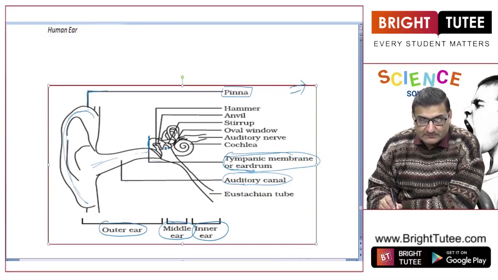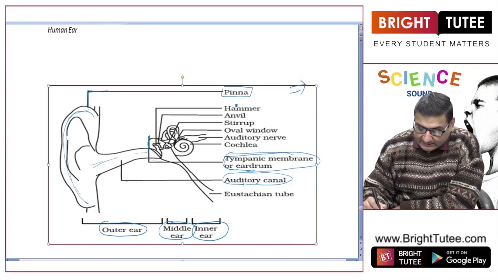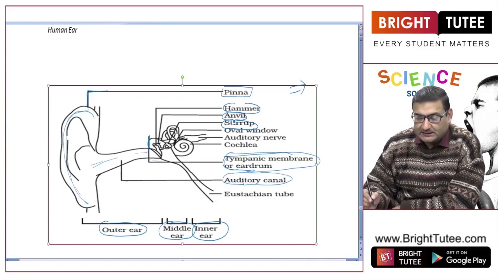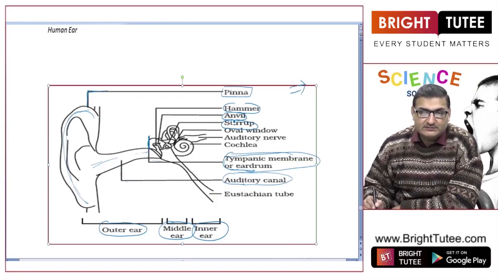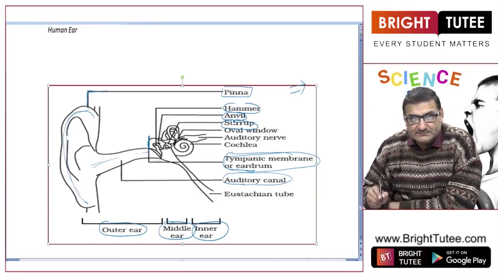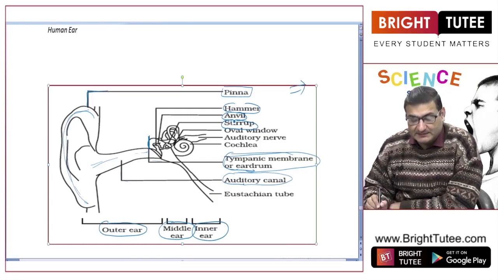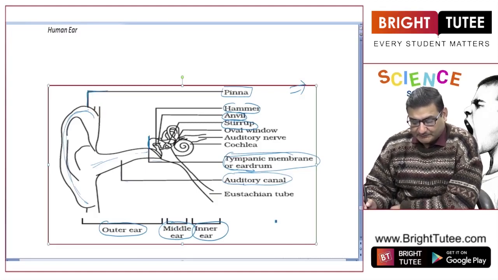These are the smallest bones of our human body, which are present in the middle ear. They are hammer, anvil and stirrup. These are the 3 small bones. Right now we are just taking a view of the various parts. We will study the function of each part shortly. This is what our middle ear is made up of.